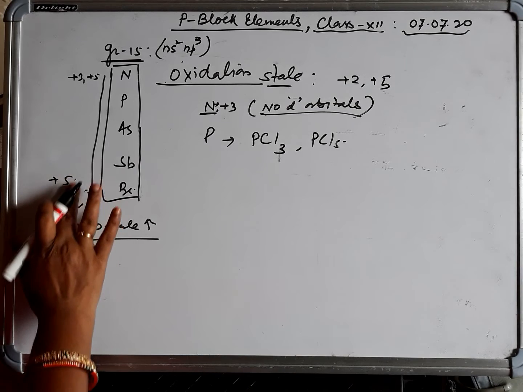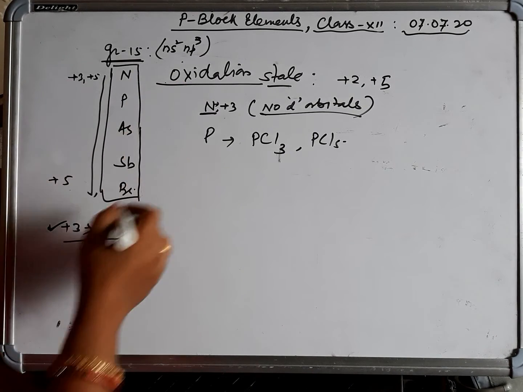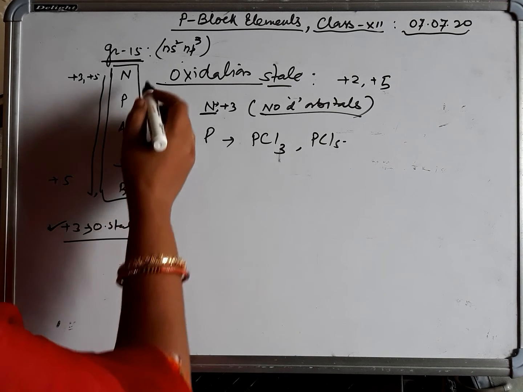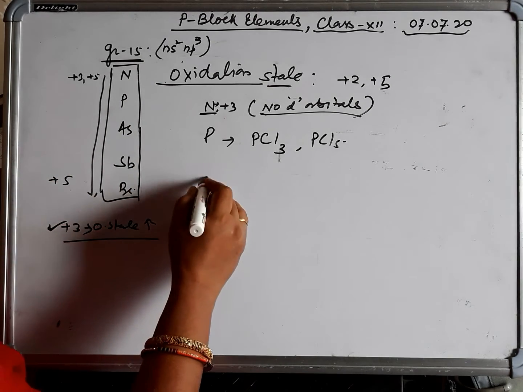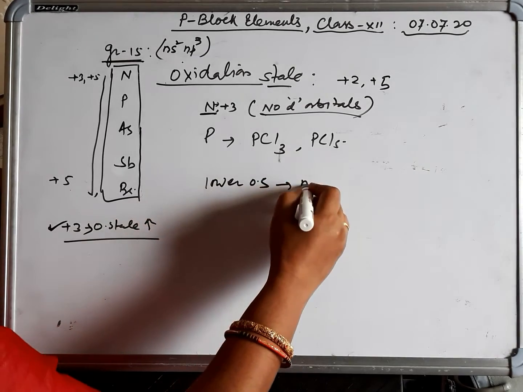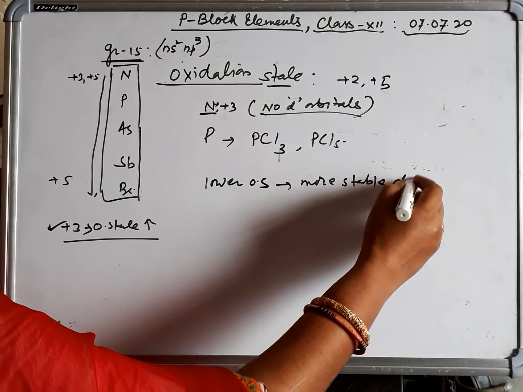So students, +5 or +3 oxidation states are shown by the group 15 members, but the lower oxidation state becomes more stable down the group.